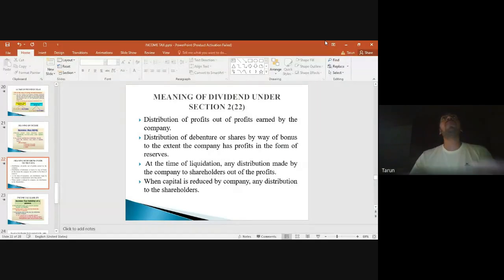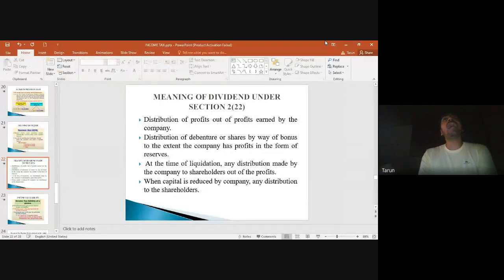If at the time of the winding up or liquidation of the company, any profit or any portion of the profit is distributed among the members or shareholders of the company, it is dividend for them and it is counted as dividend.